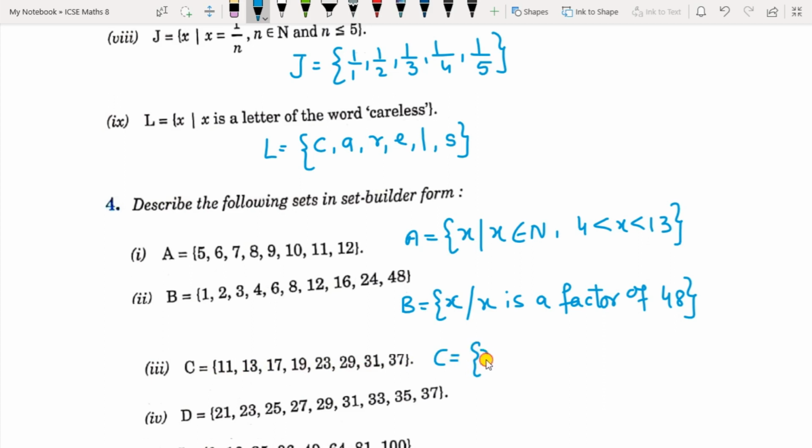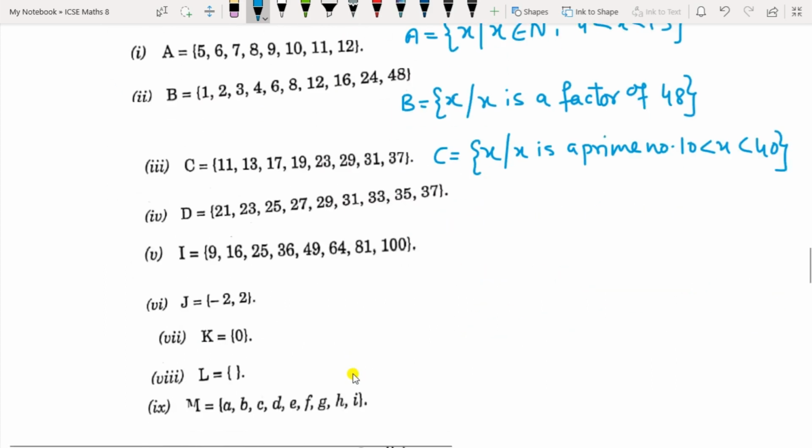So x such that x is a prime number. Now if it is between numbers, then you have to write the range of those numbers. So it is between 10 to 40. Okay. So C is a set of x such that x is a prime number between 10 and 40.